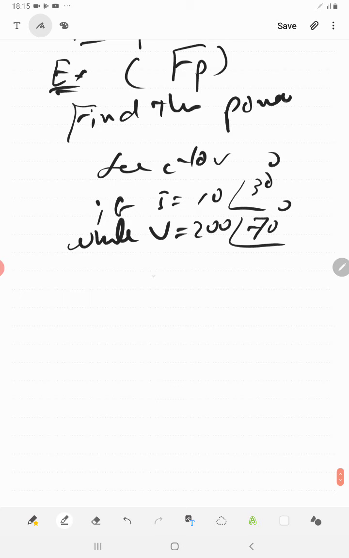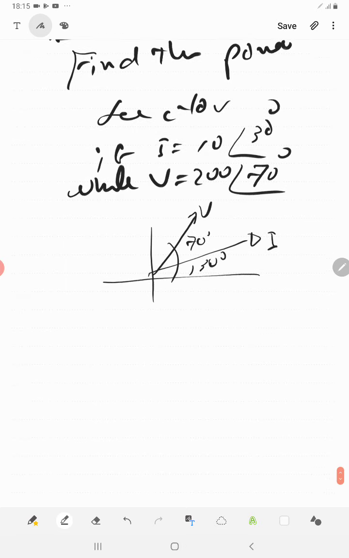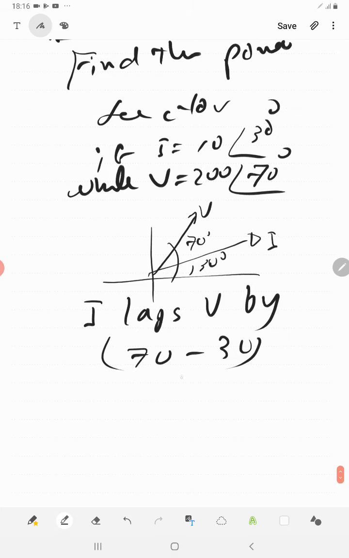Then for the power factor, this is V, this is I, 30 degrees, and here 70 degrees. So I lags V by 70 minus 30, which is equal to 40 degrees.